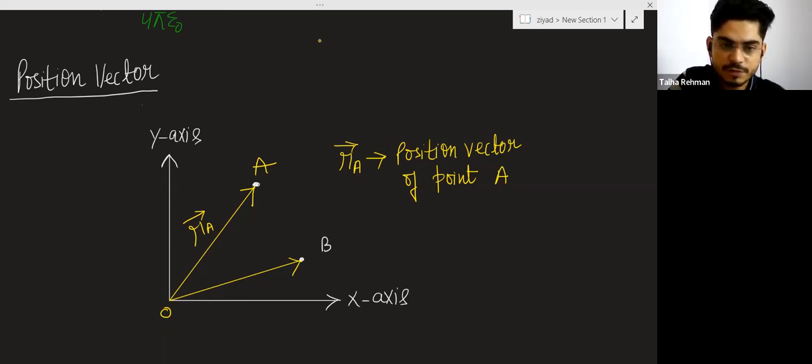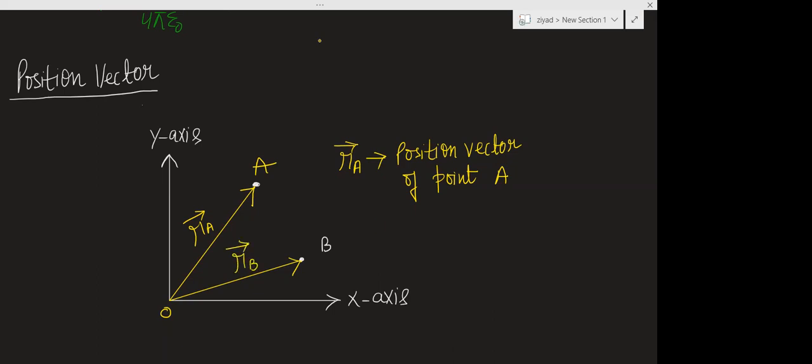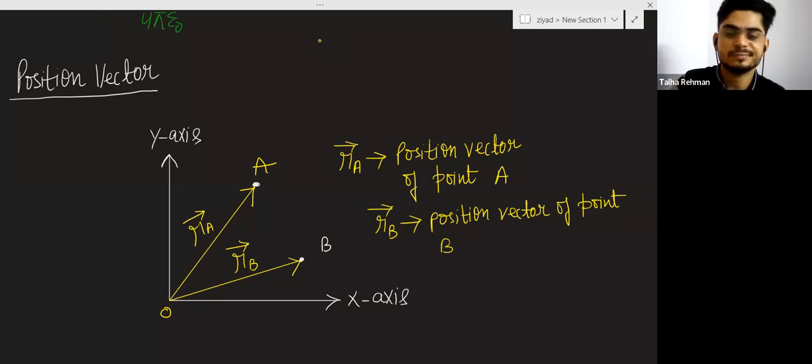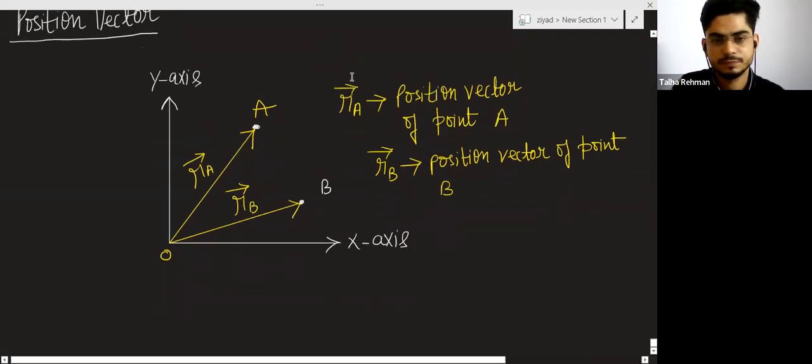So this is the position vector of point B. R suffix B vector will be the position vector of point B.